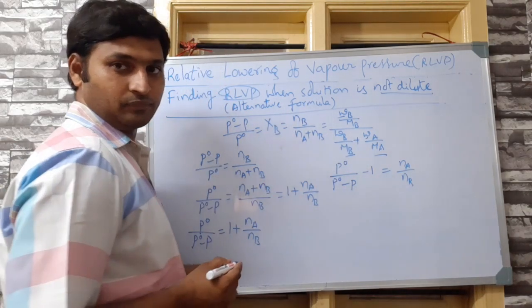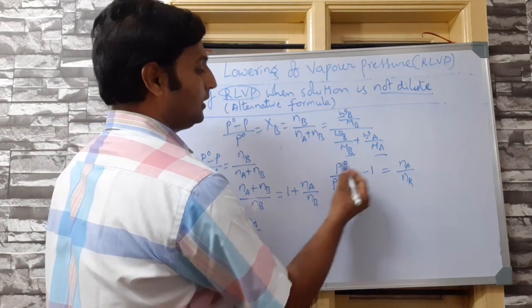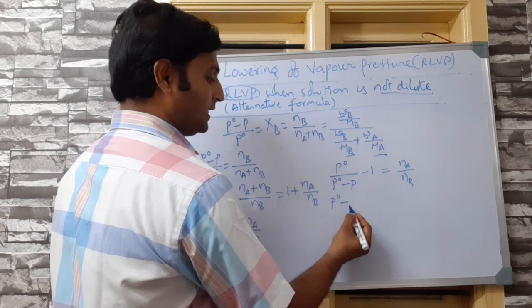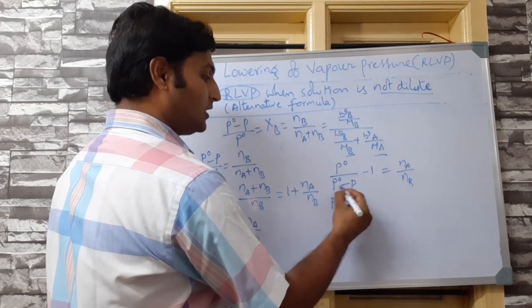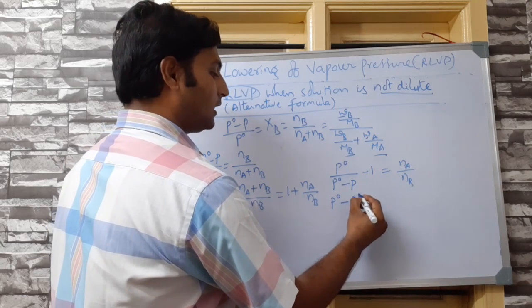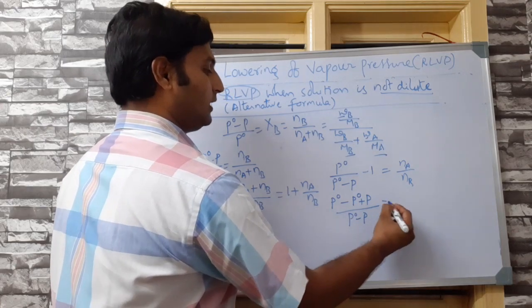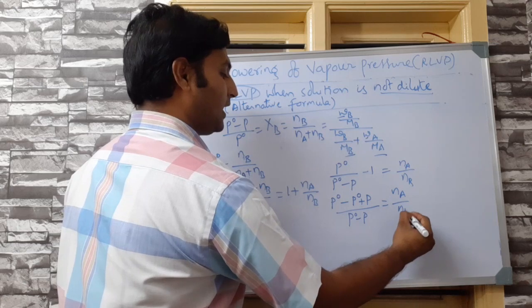Take the LCM. Then it is going to be P naught minus P naught plus P divided by P naught minus P is equal to Na by Nb.